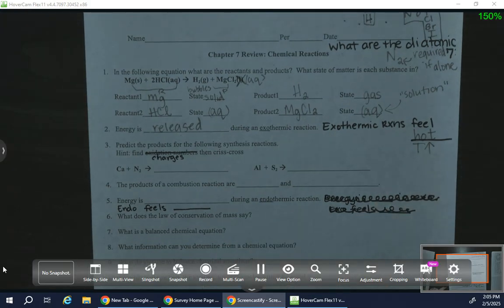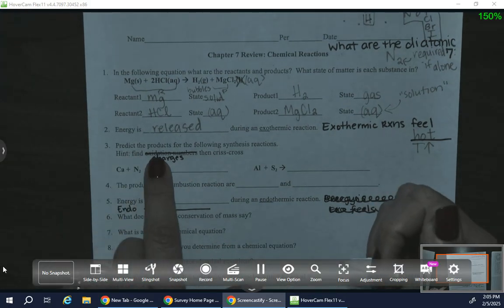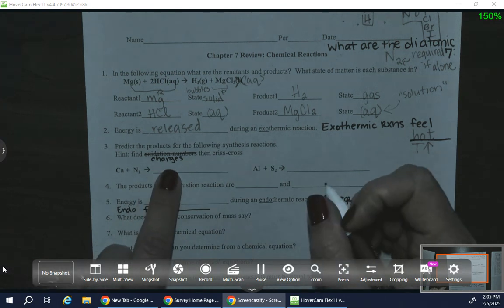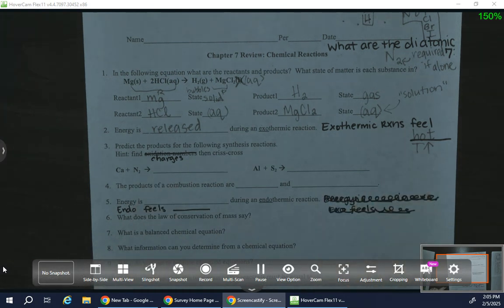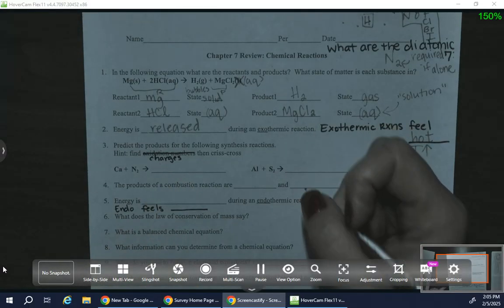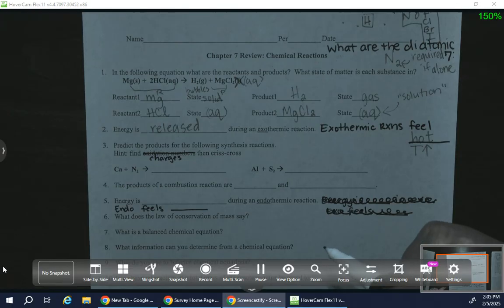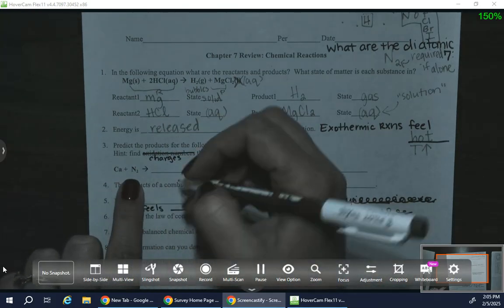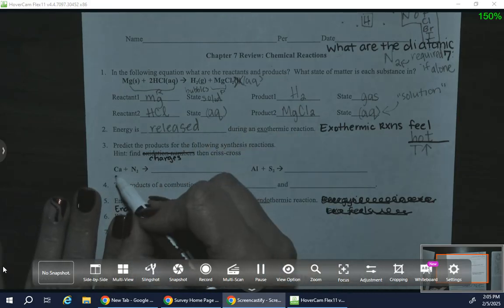All right, then we have predict products for the following synthesis reactions. So again, you're not going to necessarily be asked to do the crisscrossing totally, but you should be familiar. A lot of these you should know where those subscripts are coming from. And remember, you don't touch subscripts once they're made. So here we see that we have 2 singles.